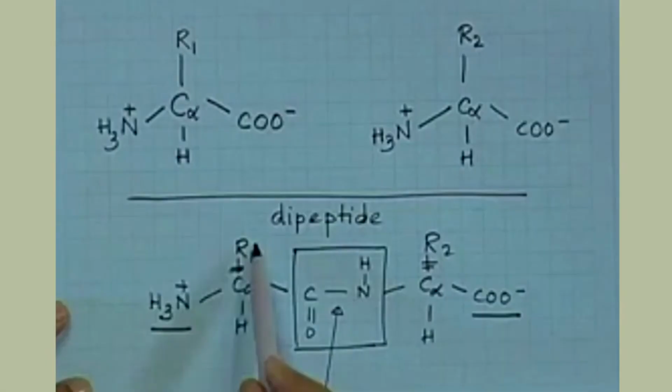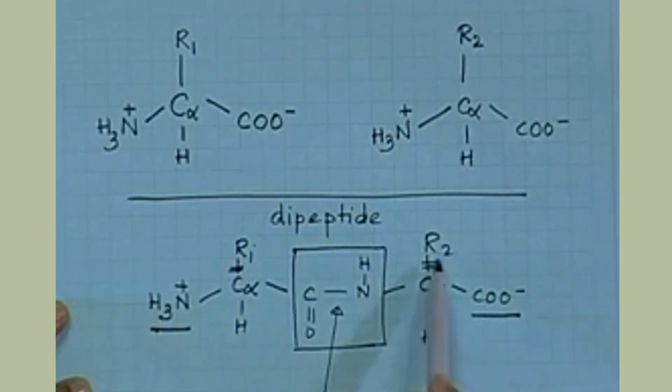Since they are just linked by the peptide bonds, it is not necessary to write what is common to all the amino acids, because these are certain features that we already know. So, instead of writing in each case the NH3 plus or the COO minus, we know that the first amino acid is going to be linked with the NH3 plus terminal, and the last one is going to be linked with the COO minus.